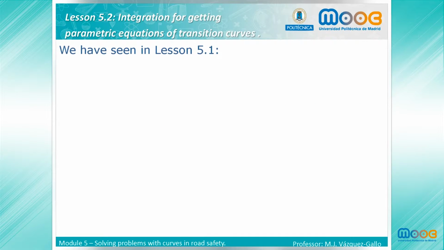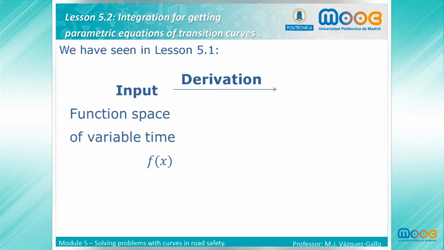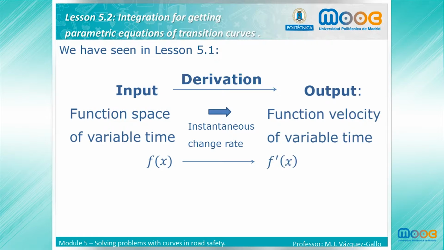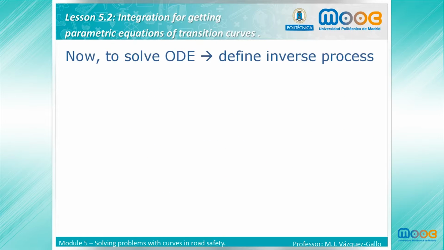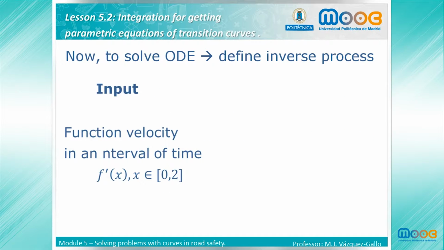In this way, derivation is a process that takes as input a function f of x and gives as output another function f prime of x, assigning to each number a the derivative of f at this a. For example, the derivative of a space function with respect to time is the velocity function depending on time too.